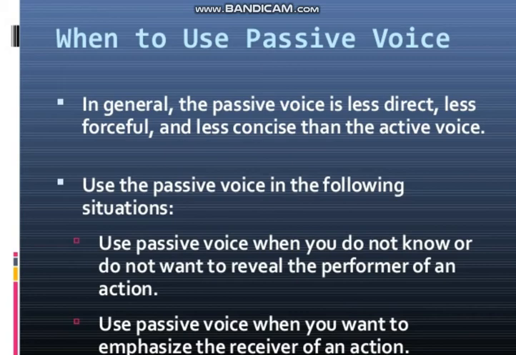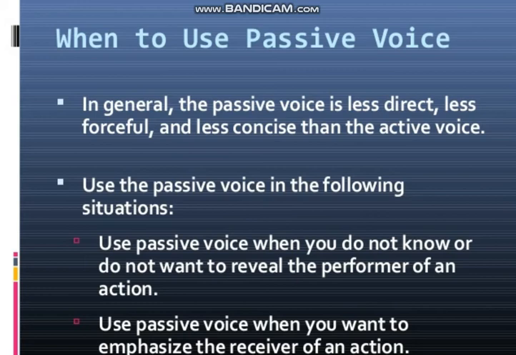Then, use the passive voice in the following situations, as there are some situations in which we must use passive voice. Use passive voice when you do not know or do not want to reveal the performer of an action. Let's suppose you don't want to reveal the performer of an action, then you would use passive voice.